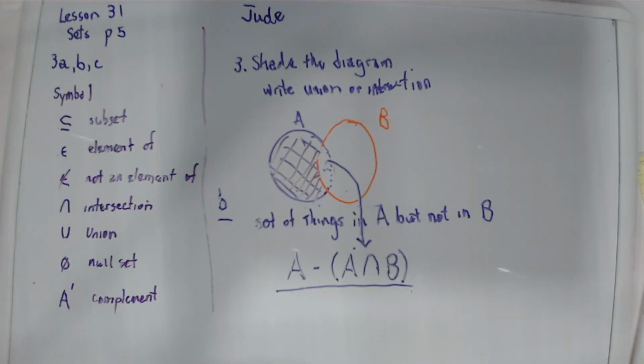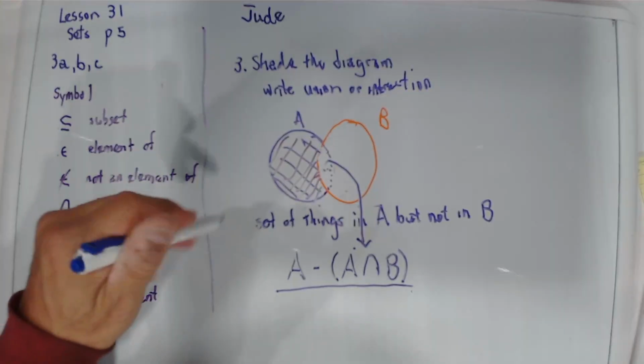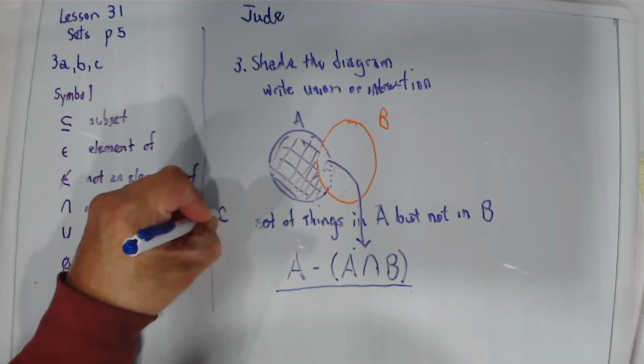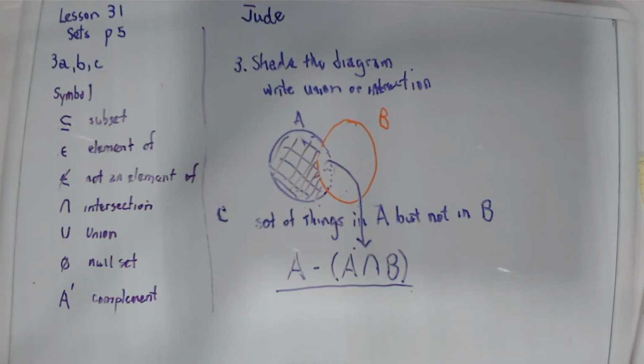So that's the way you could write the answer for problem B. So let's go to C, and see what they're talking about on this one. C is the set of things that are not in A and not in B.